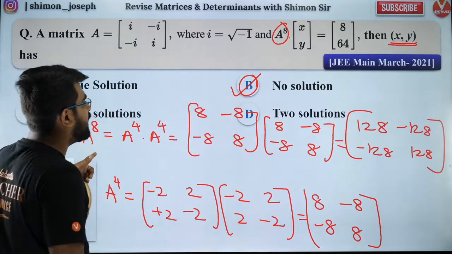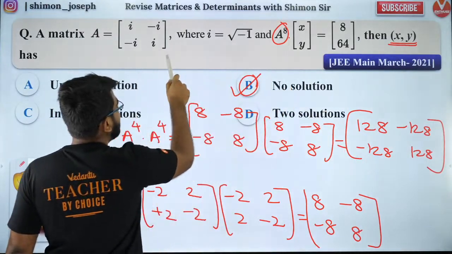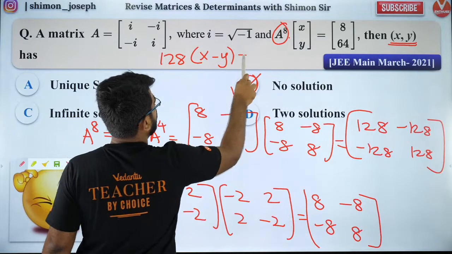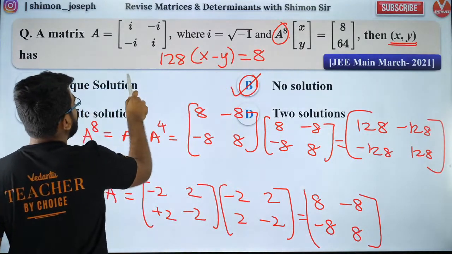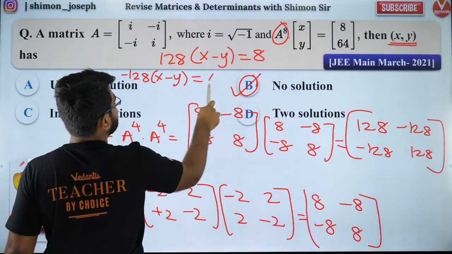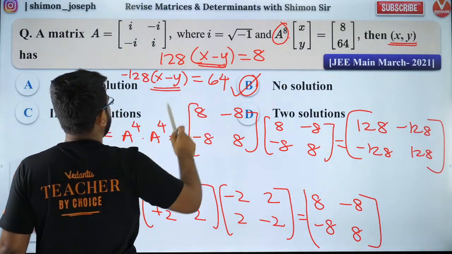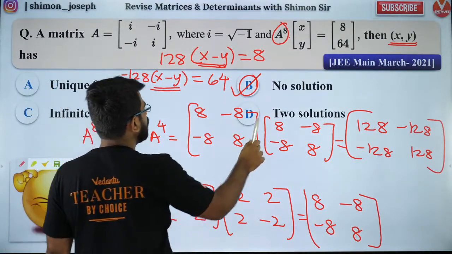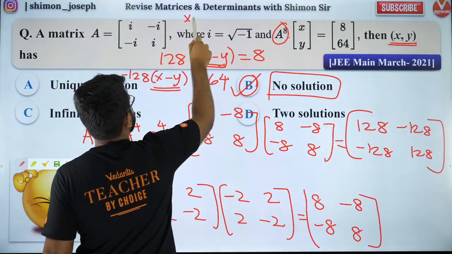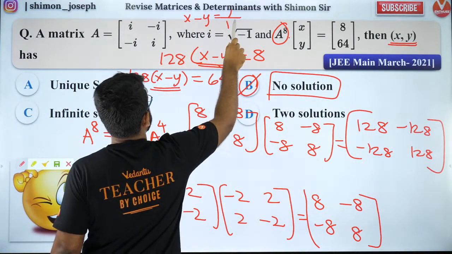So that's it. I got A power 8. Now A power 8 into xy I have to do. So that will be 128 into x minus y is equal to 8. And you'll have minus 128 into x minus y is equal to 64. Now guys, I am getting two different values of x minus y. Therefore, there is no solution. Because here I will get x minus y is equal to 1 by 16.